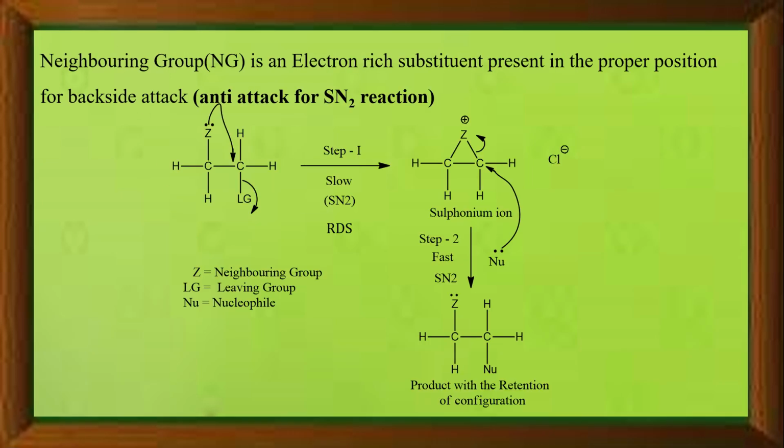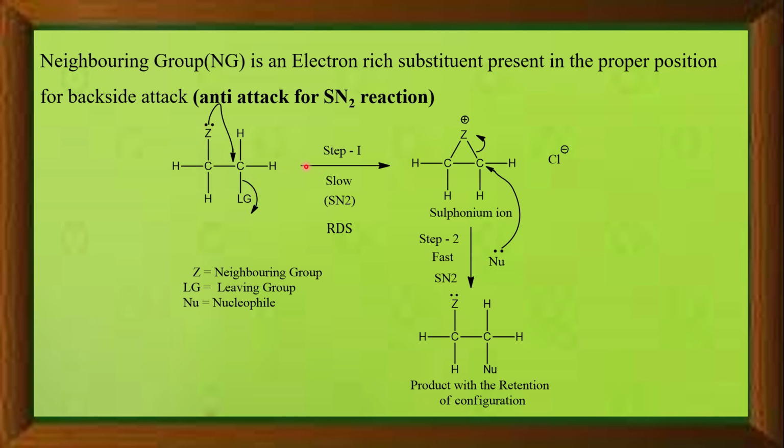We can propose a general mechanism for neighboring group participation. This is the substrate where the leaving group is connected to this carbon, which is called the reaction center. The next carbon is the neighboring carbon, and the functional group present in this neighboring carbon is called the neighboring group or anchimer.